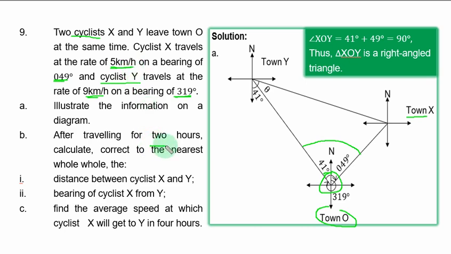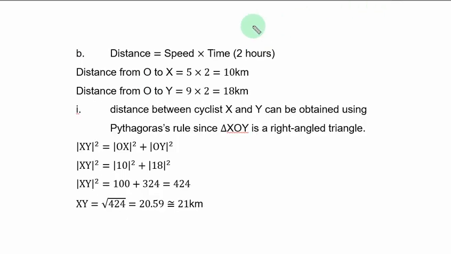So you can get the distance between town O and town S, then town O and town Y. Then you can find the distance between town S and town Y.